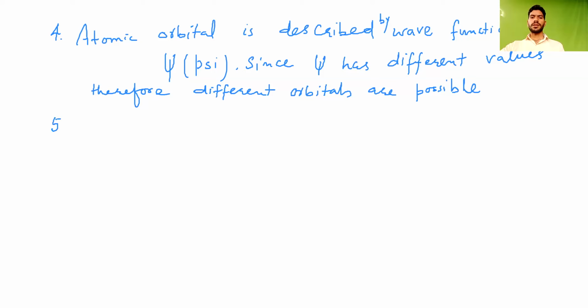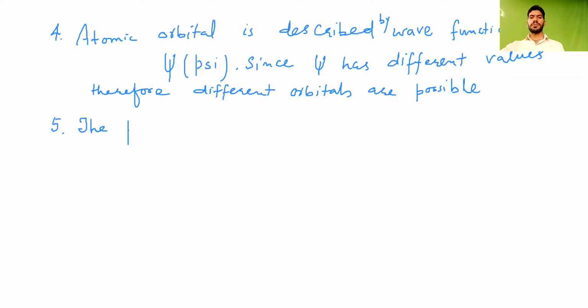Now, the next very important postulate is that the probability of finding an electron is directly proportional to the value of psi square. Okay, I will write it here.